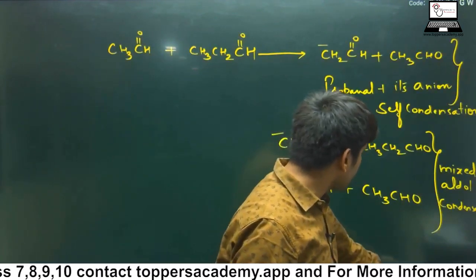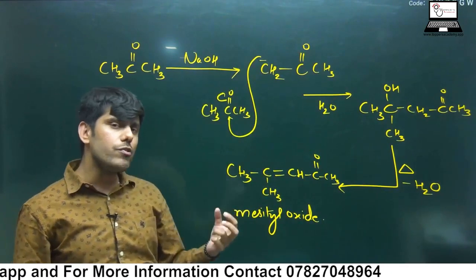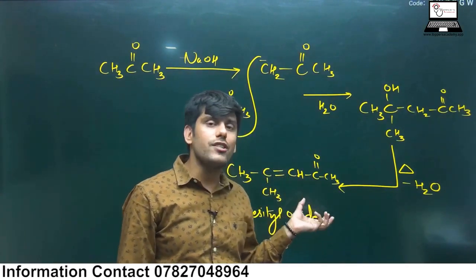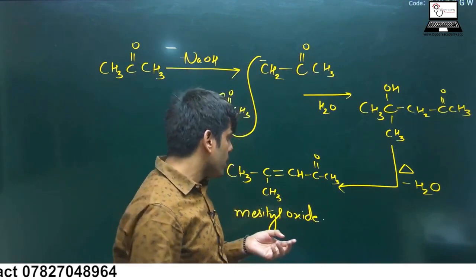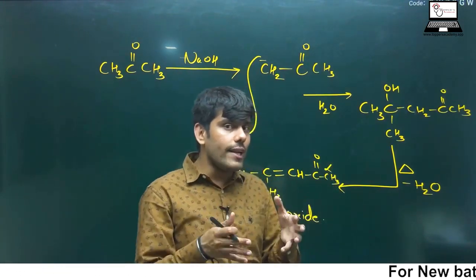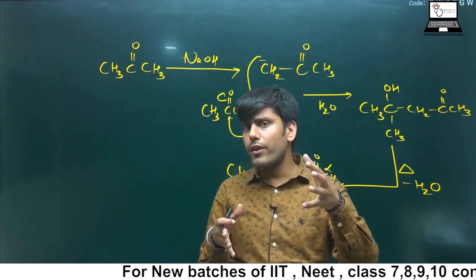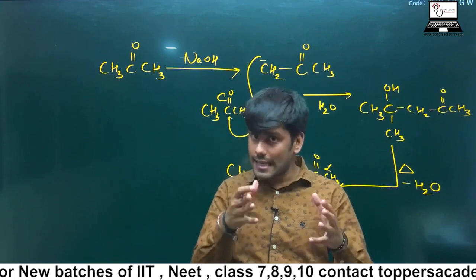Now, when I discussed with you the formation of mesityl oxide, if you see carefully, this reaction can go further. How? You know that I still have alpha H present. So what if I take the carbanion of this mesityl oxide and react it with another molecule of acetone? Let us see what will happen.